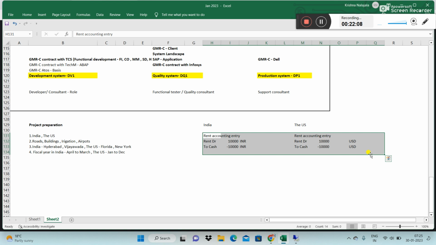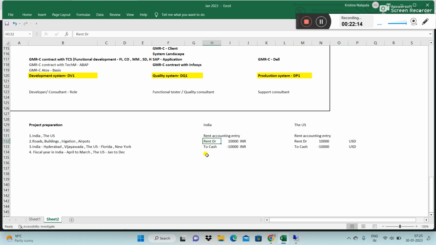That is my point. Got it? So having this same structure, we call it the operational chart of accounts. We use the same accounts everywhere. We'll come to that now.